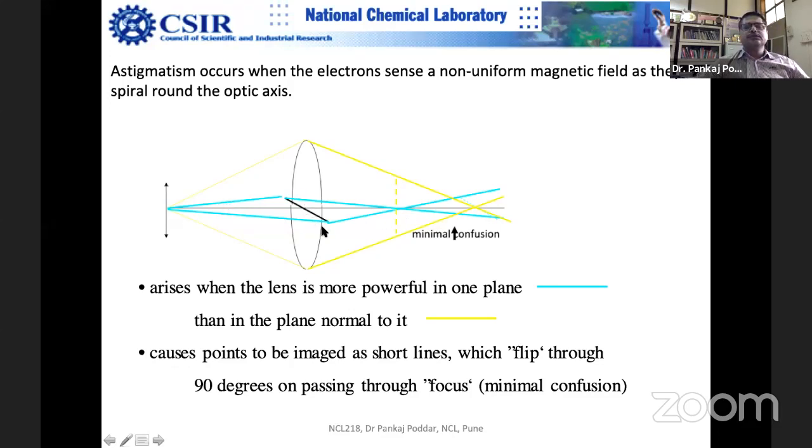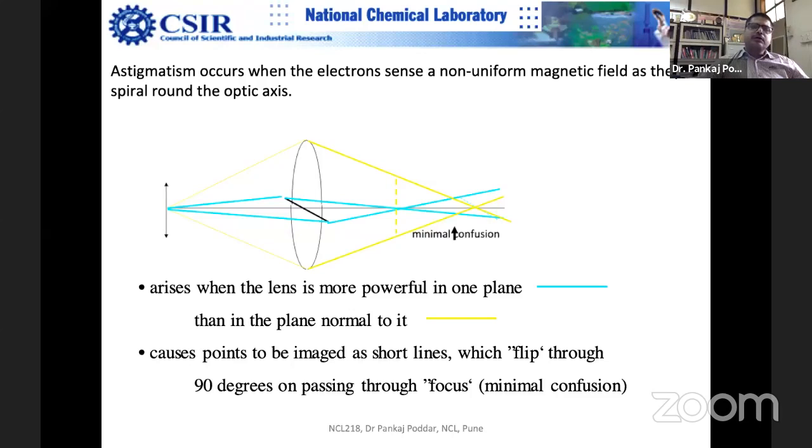But now this is the other dimension, along the plane of the lens. So this contribution is because of non-symmetry. The electron beam is non-symmetric in this direction, and that happens.